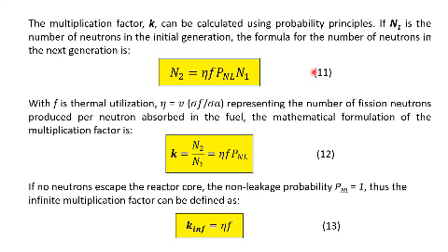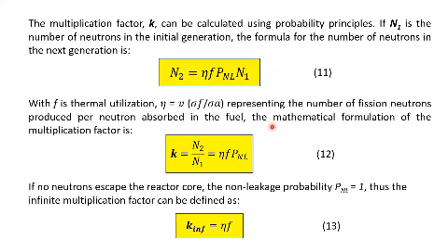You can see in equation 11, with F is thermal utilization, eta representing the number of fission neutrons produced per neutron absorbed in the fuel, and PNL is non-leakage probability.